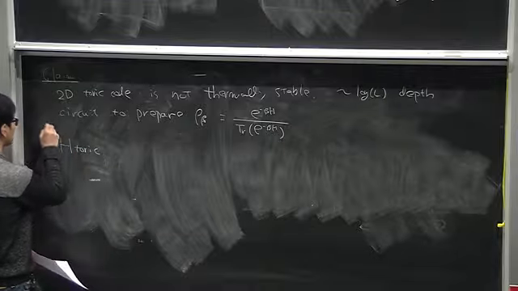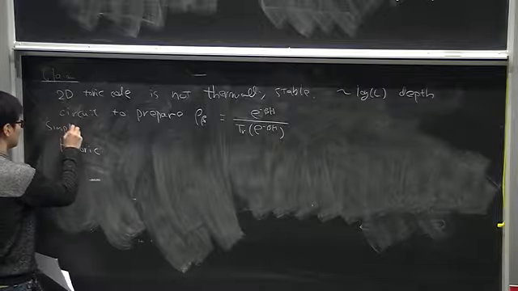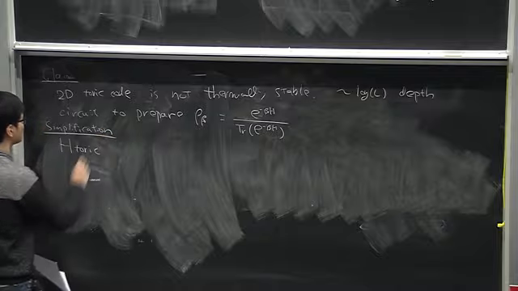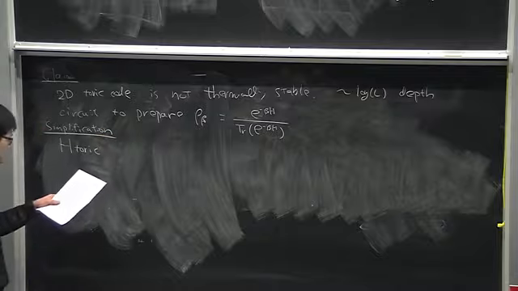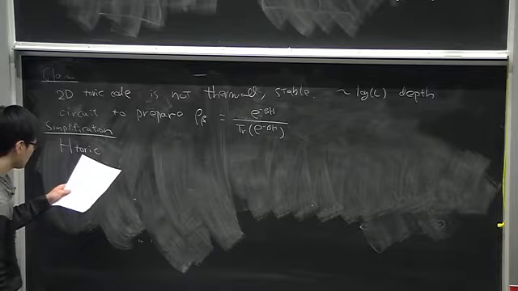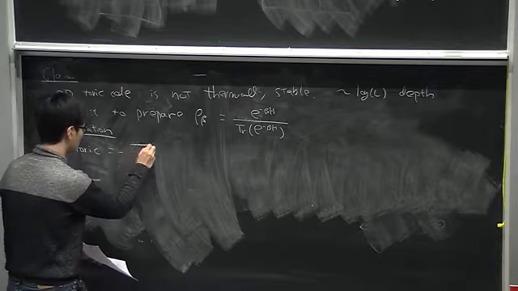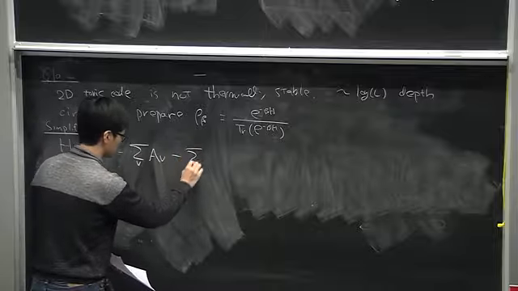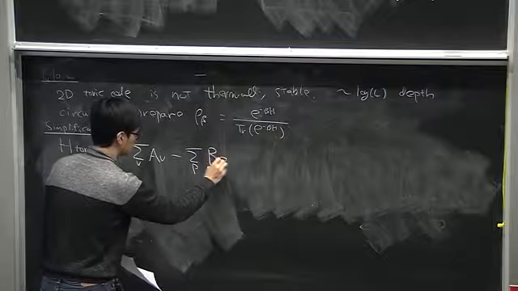So, some simplification, just to make the argument simple. The toric code Hamiltonian, we can write it like this.